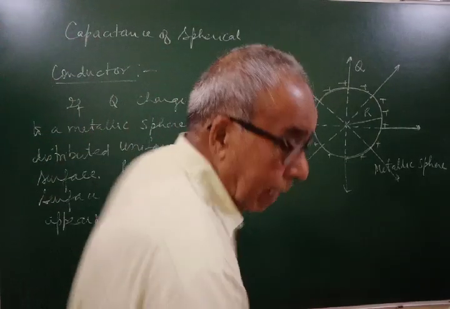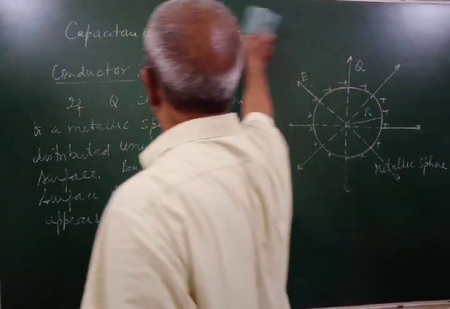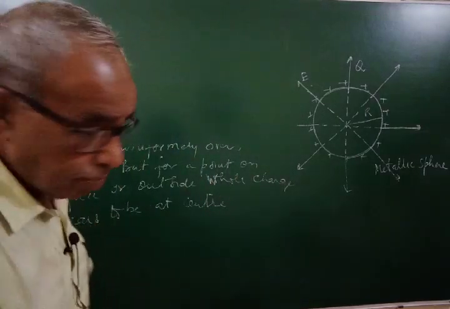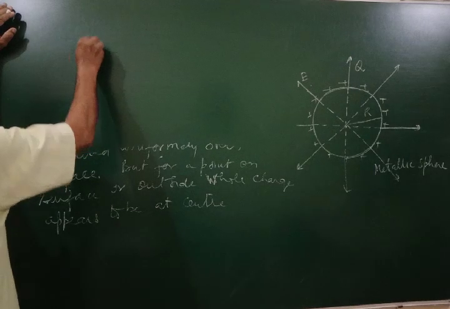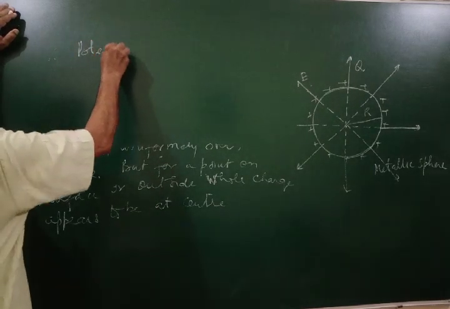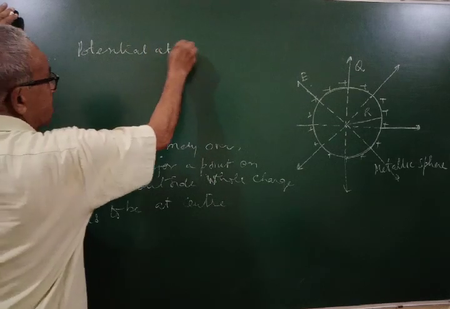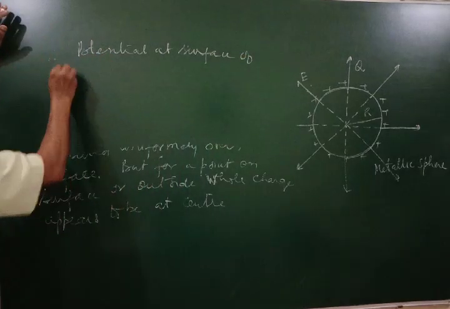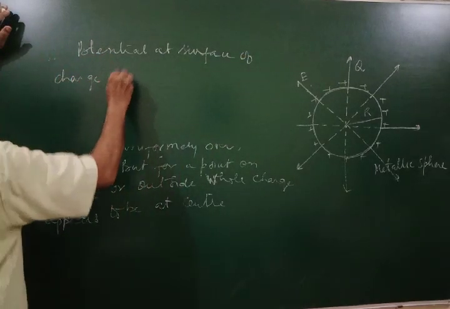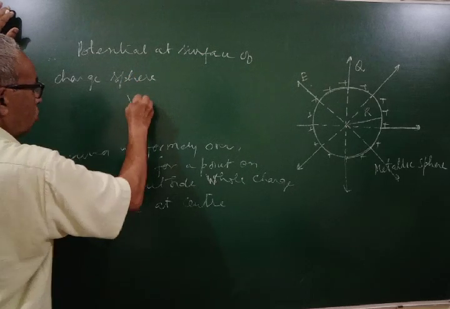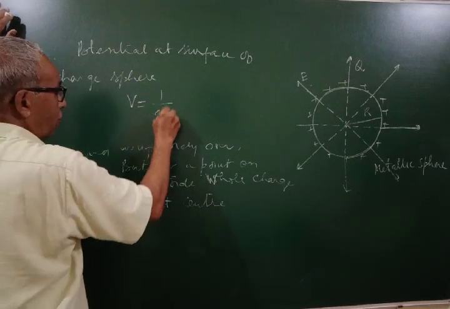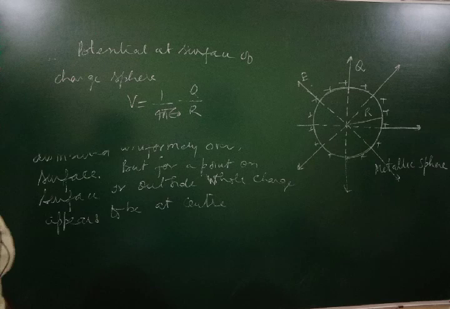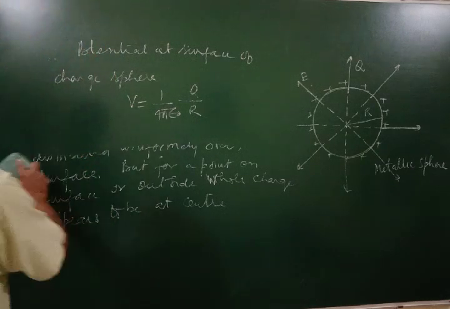So the electric potential at the surface of a charged sphere is V equal to 1 upon 4 pi epsilon 0 Q upon R. This will be the potential when charge Q is present on the surface.